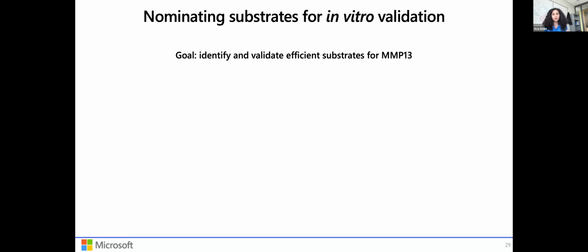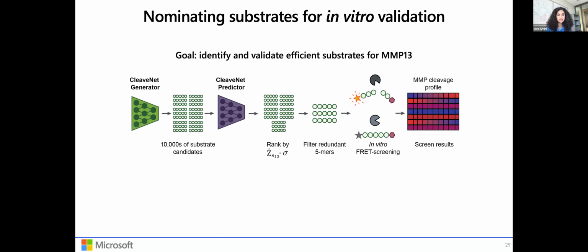And here we now want to bring our joint pipeline to bear on this task, where we set up a pipeline where we sample from the CleaveNet generator unconditionally, leverage the predictor model to score them for their likely cleavage efficiencies by MMP13, rank order them, and filter down to a set of novel and orthogonal candidate substrates for in vitro screening.